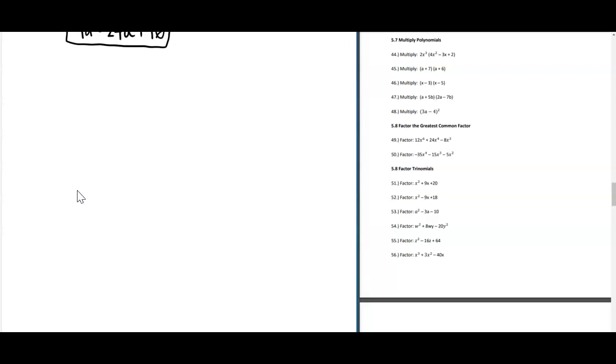So the first one I want to look at is number 50. On this one, it wants us just to factor out the greatest common factor, the GCF.